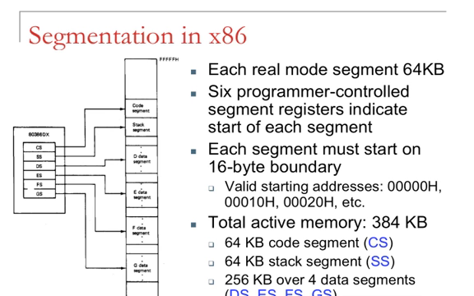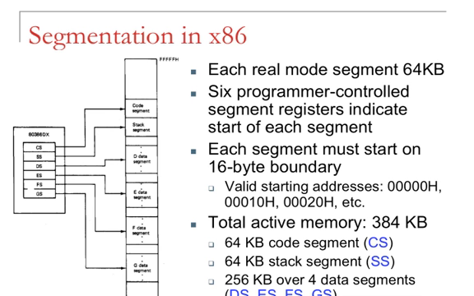Each segment must start on a 16-byte boundary. Here's a list of example starting addresses. You can start from 0000 or 00010 and 00020, etc. Those are hexadecimal values, and all of them have a least significant hexadecimal digit of 0.